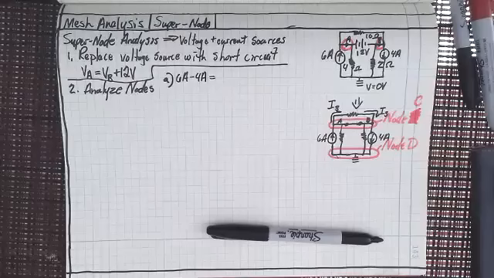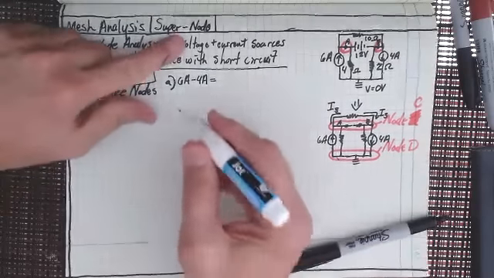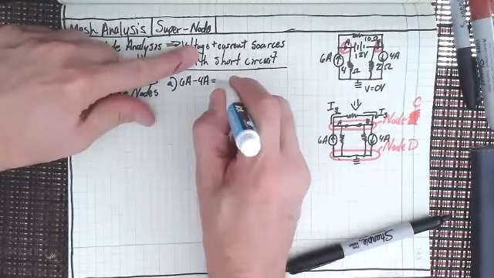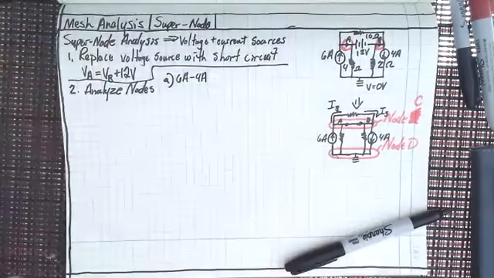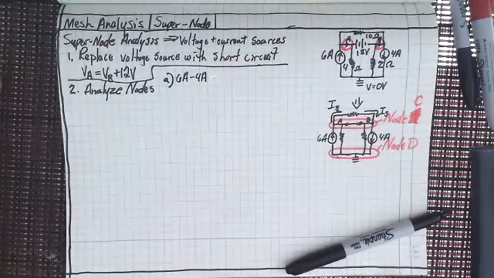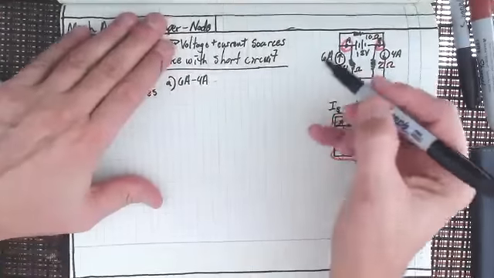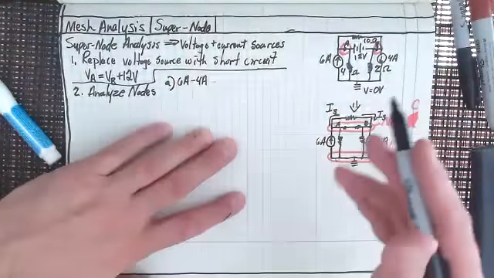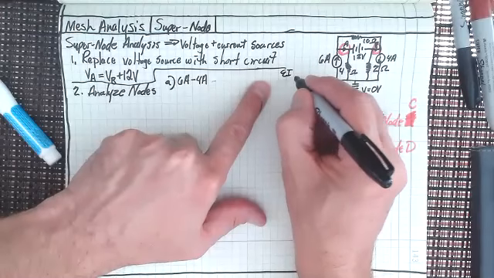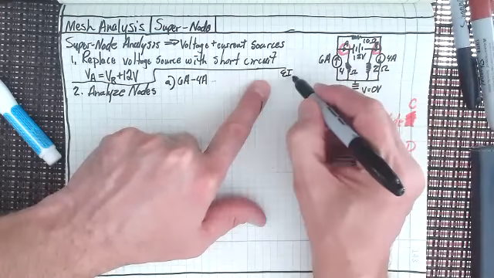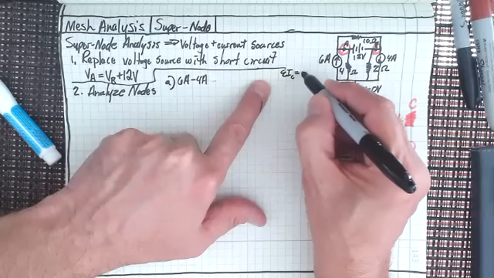Why don't we do the full node? We're summing the currents into node C, and that equals 0.